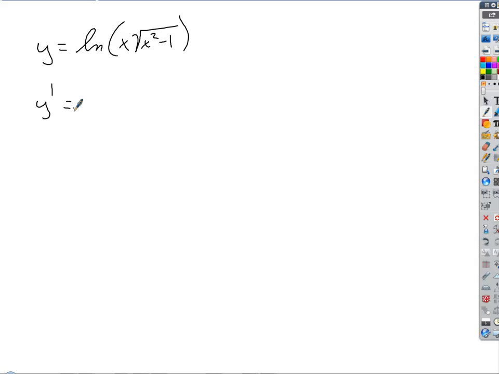Good. What else can I do? Now, you can add them. Yeah, we'll exploit properties of logs there, right? So we can avoid having to do the product rule. Does that make sense? So this just becomes natural log x plus one half. Okay, so one half natural log x squared minus 1, right?